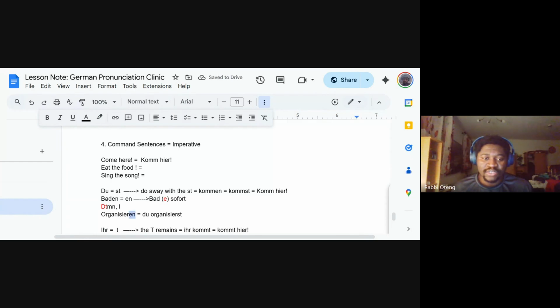The EN goes away, then you add your ST to it: "du organisierst die Party." But if I'm giving an order, organize the party, we just remove the EN and use the verb stem: "organisier die Party."